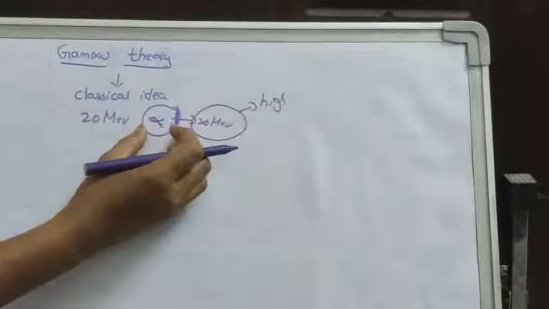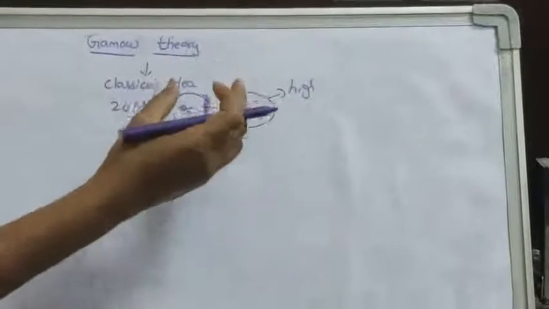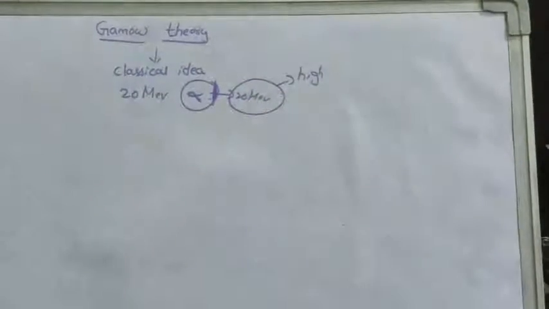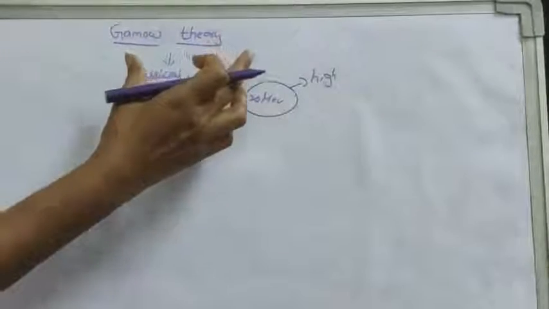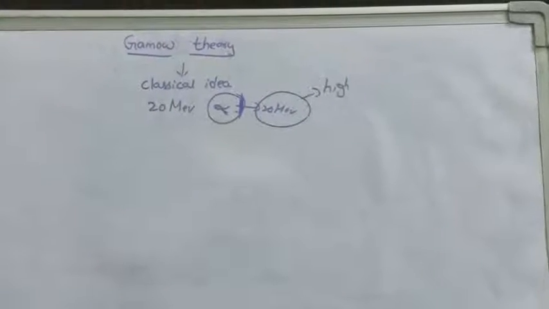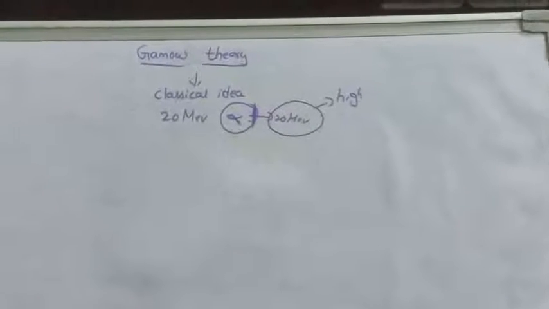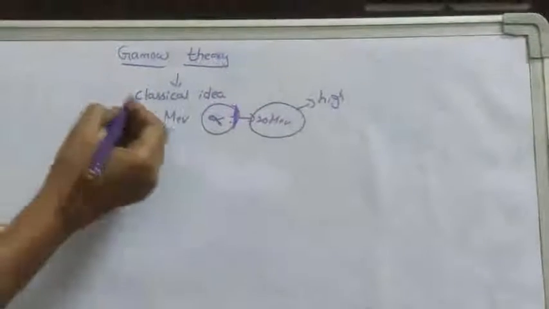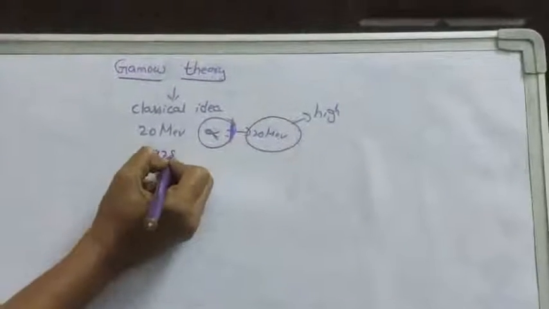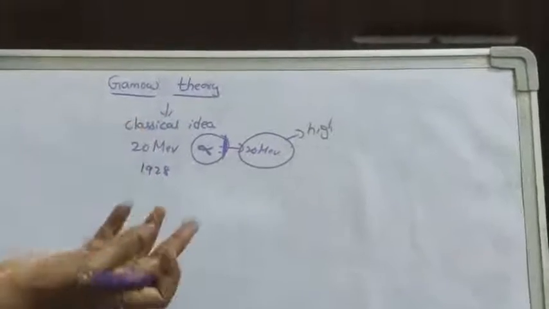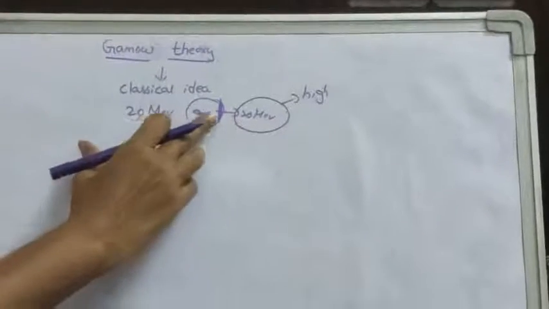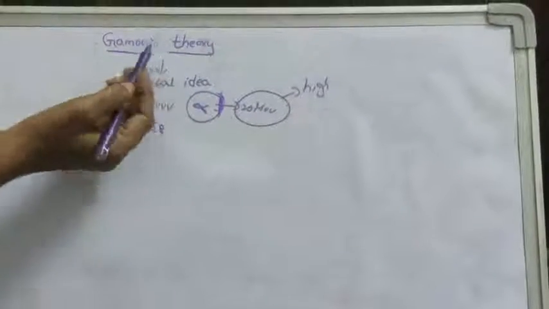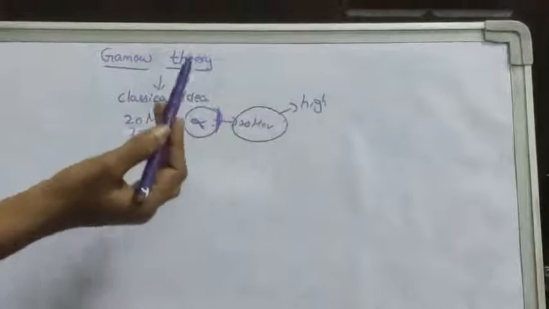If the alpha particle has less energy to overcome the barrier height, it is not supposed to escape from the nucleus. This difficulty was solved by Gamow in the year 1928 by applying wave mechanics to the alpha particle. So today's concept is Gamow theory.